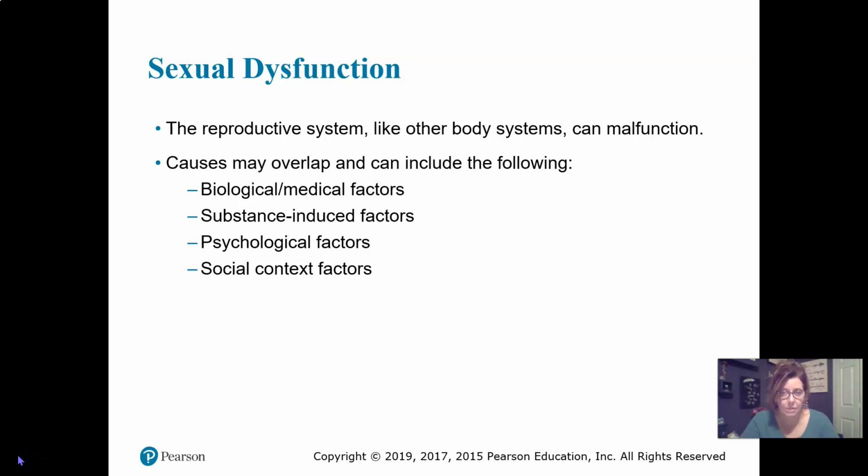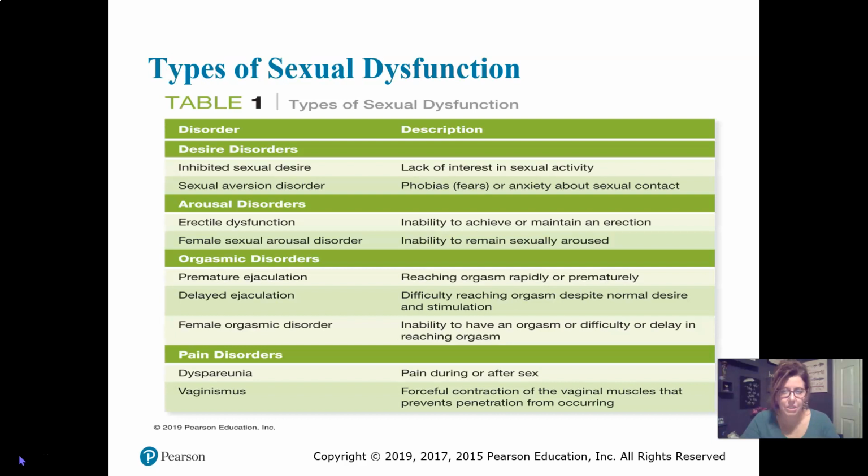Common causes of sexual dysfunction can include, but are not limited to, biological or medical factors, substance-induced factors, psychological factors, and factors related to social context. Sexual dysfunction can be divided into 4 major categories: desire disorders, arousal disorders, orgasmic disorders, and pain disorders.